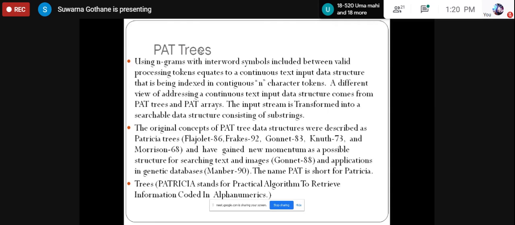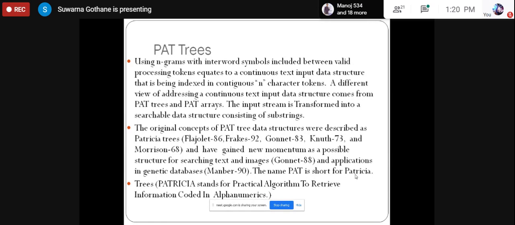Now what does PAT stand for, or what is its extension? Generally speaking, PAT is a tree called a Patricia tree. PAT stands for Patricia. The earlier concept, engram, is mostly applicable for your textual data and for speech.